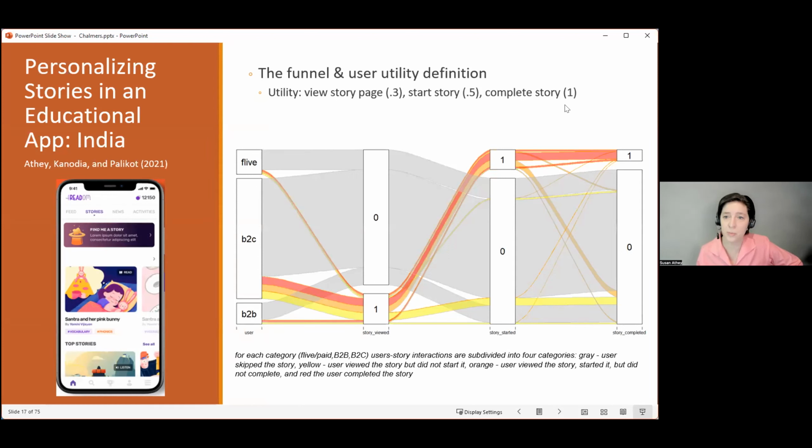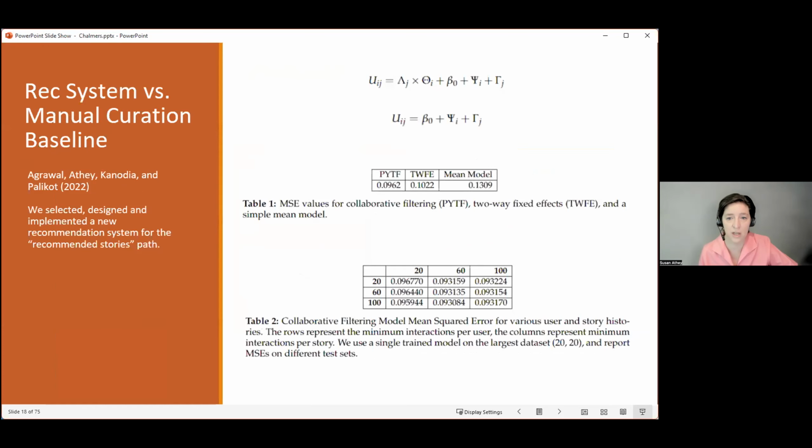In collaboration with the app, we put a utility on this. If we want to judge the quality of a recommendation, we give it points if the user views it, more points if the user starts the story, and the most points if they complete the story. But coming up with how you even evaluate success can be a challenge in itself. Then, using historical data, we estimate a model to estimate for each user what their utility would be on a story.